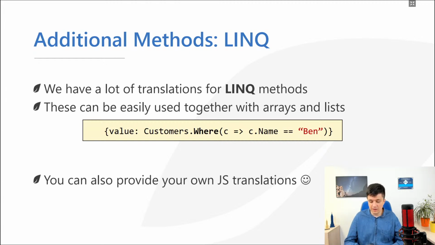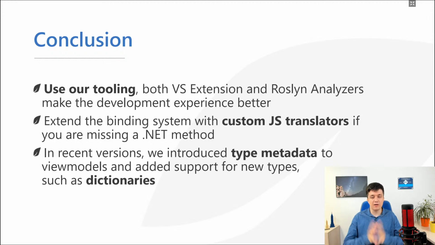So these are the main operations that you can use when working with your types inside your view models. And just to conclude this presentation, use our tooling, both our Visual Studio extension and the Roslyn Analyzers. They are both pretty powerful tools.